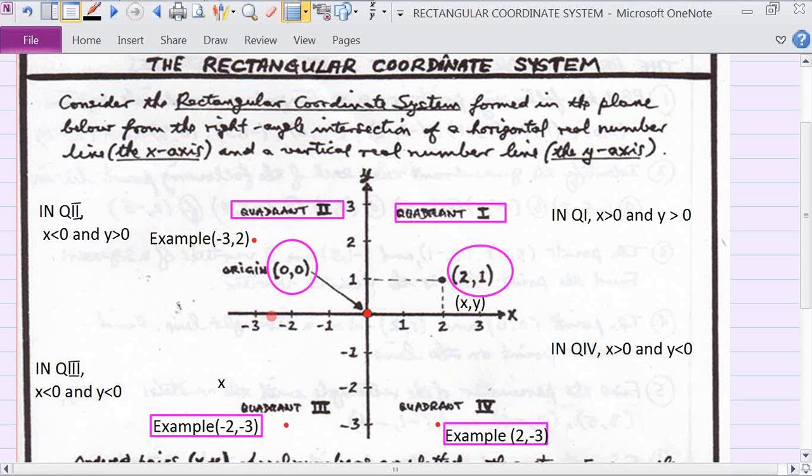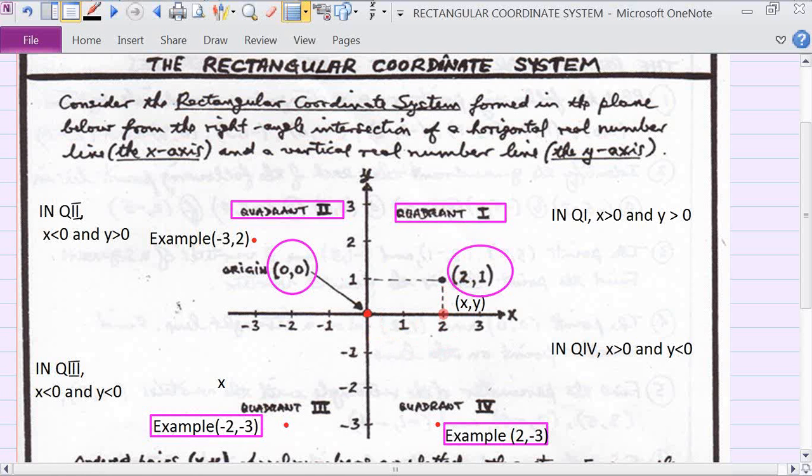First of all, we identify the x-axis as the horizontal axis, and then the y-axis is shown here, and a point is drawn as the intersection of an x and a y value.